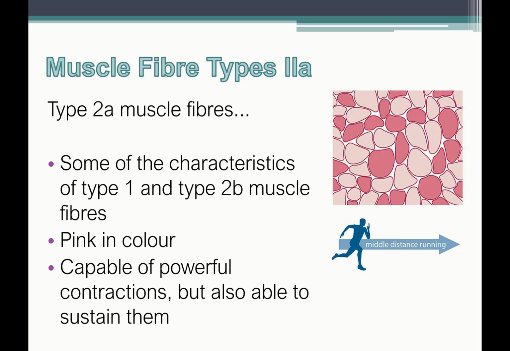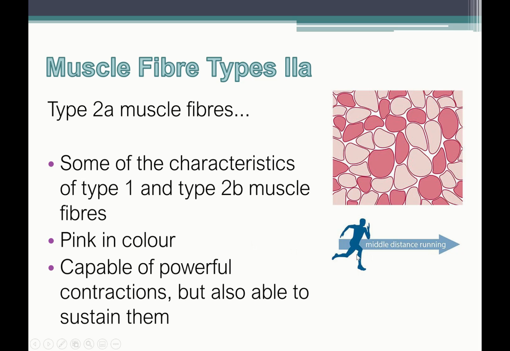Now, not to the same extent of a type 2X fiber and the force that they can produce, but still, they can produce a lot more force than a type 1 fiber. However, they're able to sustain that over greater periods of time. So the outstanding sporting example for a type 2A fiber would be middle distance running.